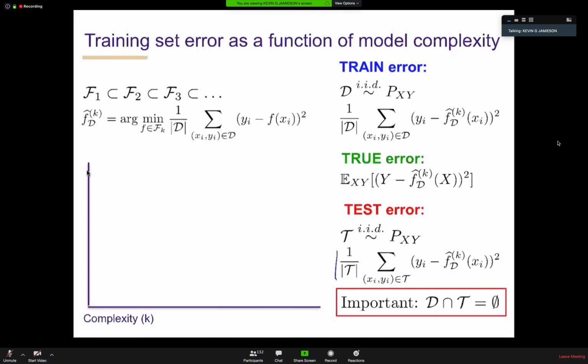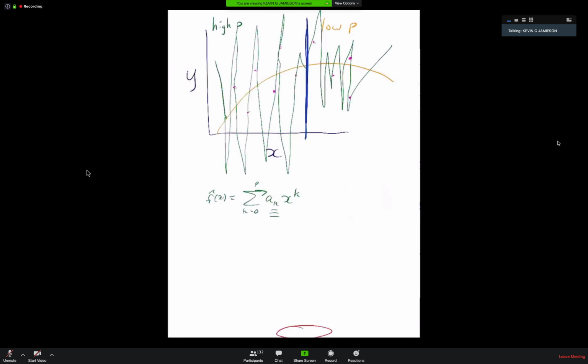So let's make a plot to think about how the test error and the training error behave as the complexity k increases. So this is your polynomial degree getting higher and higher. How would you expect the training error to behave? Think about this plot we saw a moment ago, where the complexity of the model gets larger and larger, my degree polynomial gets higher and higher.